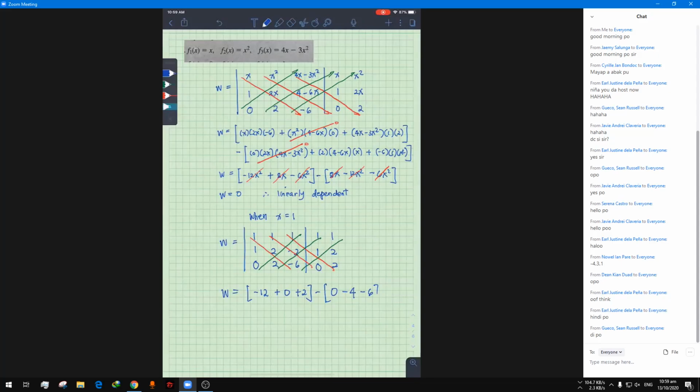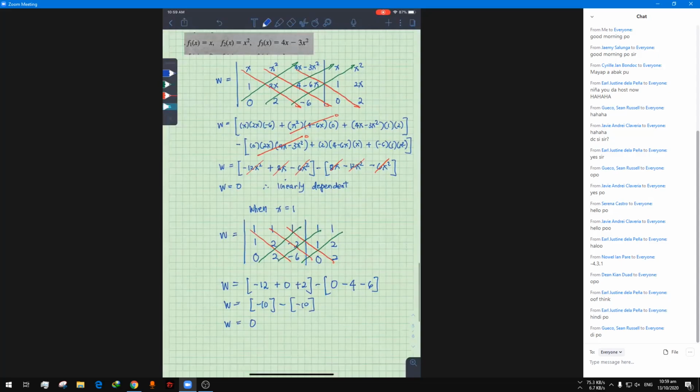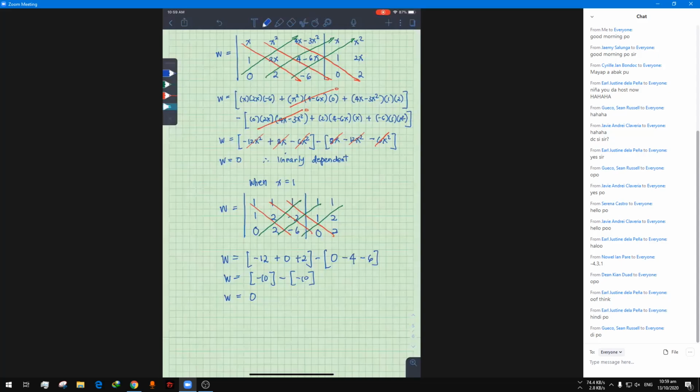So W then would be negative 10 minus negative 10. So W is still 0. So pares lang. Kaya lang ito, mas madali kasi hindi ka na nagmumultiply ng marami. Okay, so that is Wronskian.